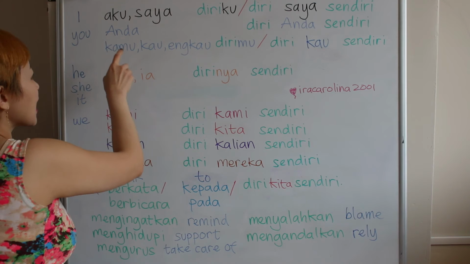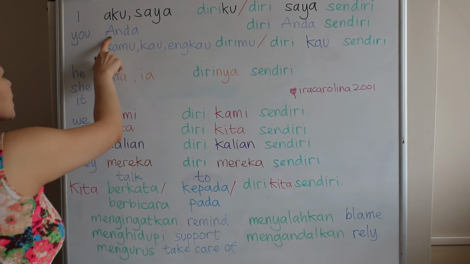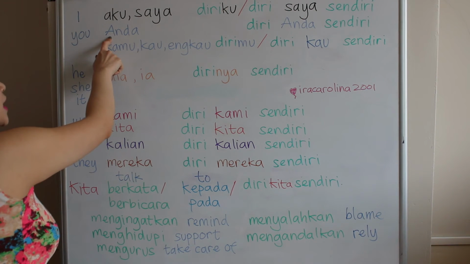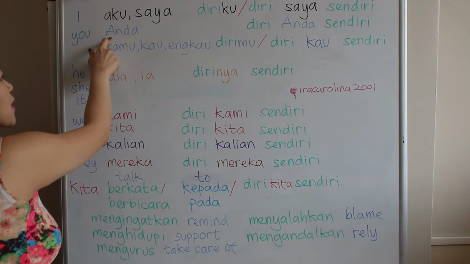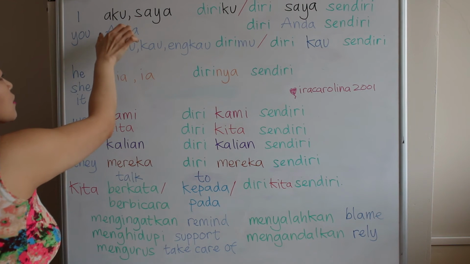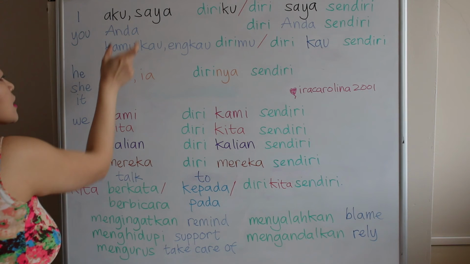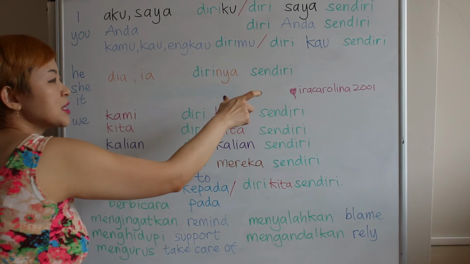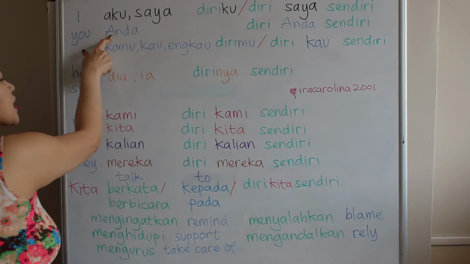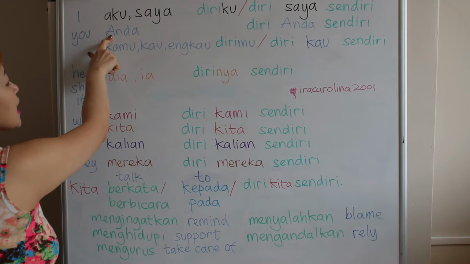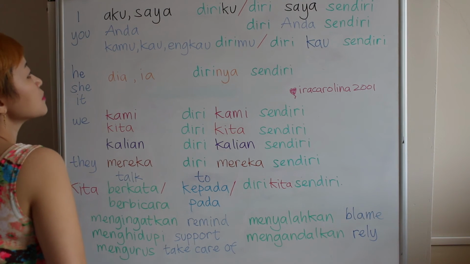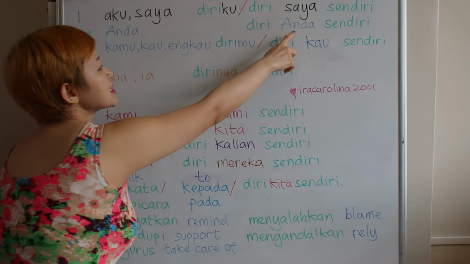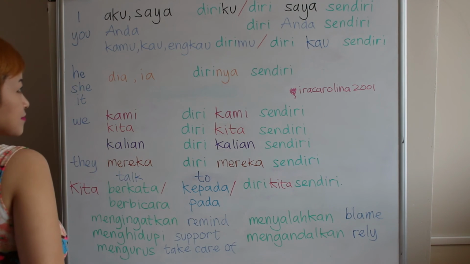And with Anda, you always put the initial, the A, with big letter or capital. No matter where you put the Anda, in front of the sentence or in the middle, you always put with big letter or capital. Anda becomes diri Anda sendiri.